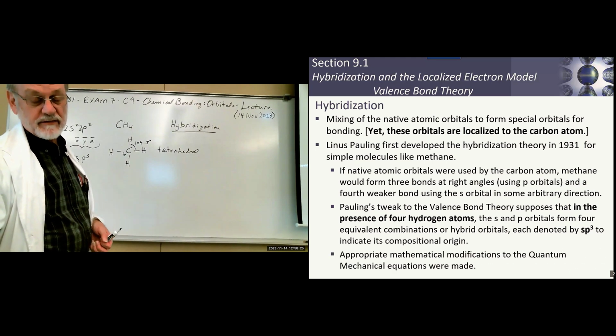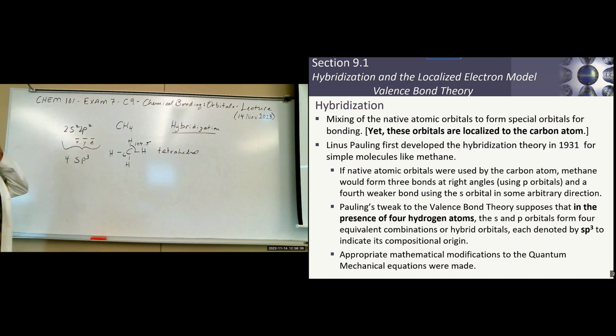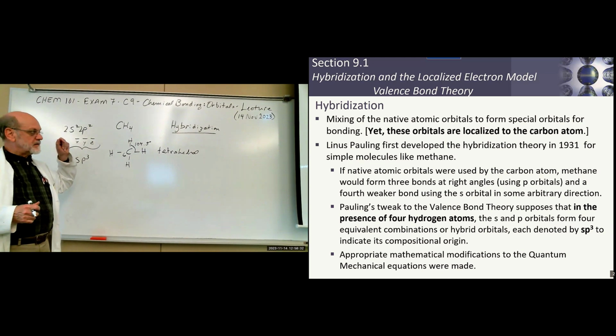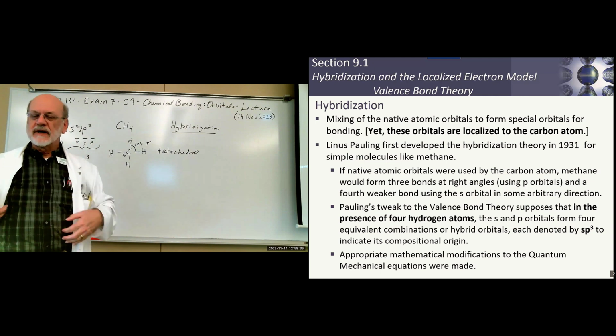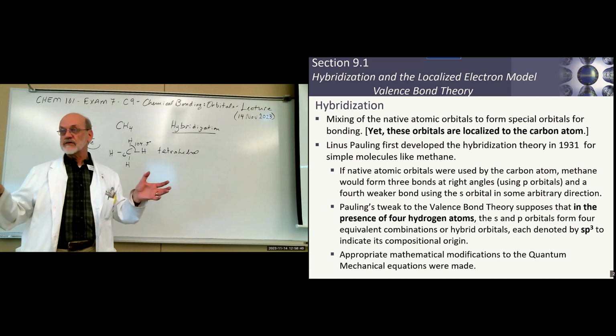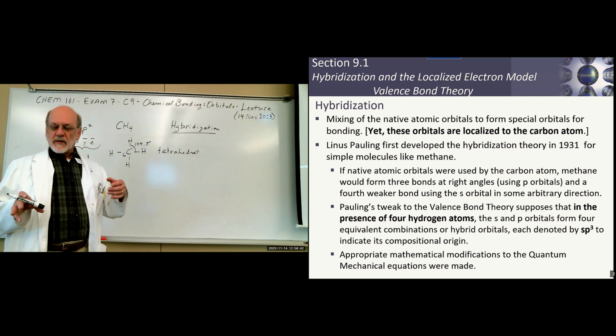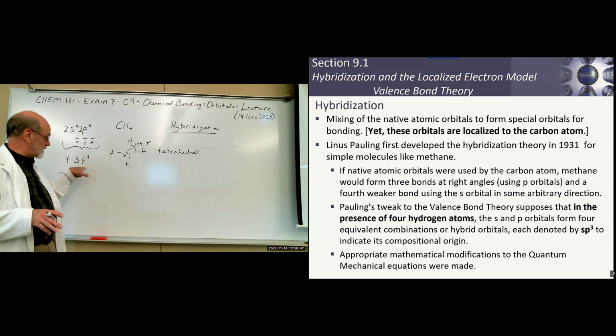But that's nothing new, except to say that the atomic orbitals were developed using quantum mechanics. And we didn't go into a lot of detail about that because the math is just too much. But we're still using quantum mechanical equations to generate these 3 hybrids.